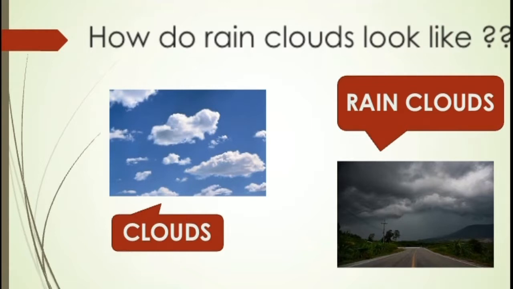For example, if there aren't enough droplets of water in the cloud to collide and form large drops, the tiny droplets will stay suspended in the air and it won't rain. So this is how the cloud doesn't come down as rain.